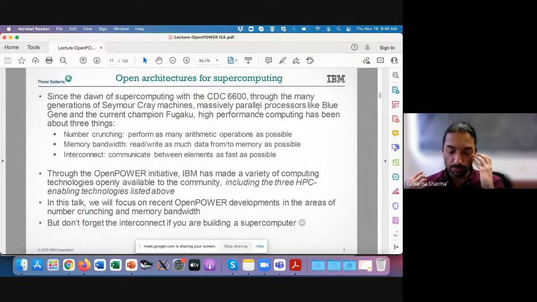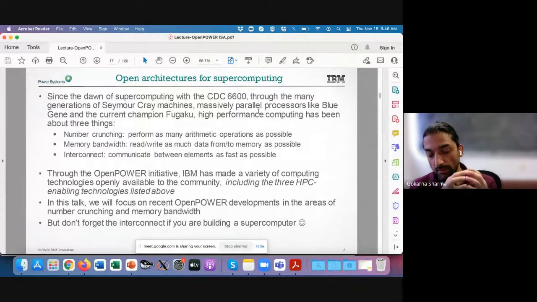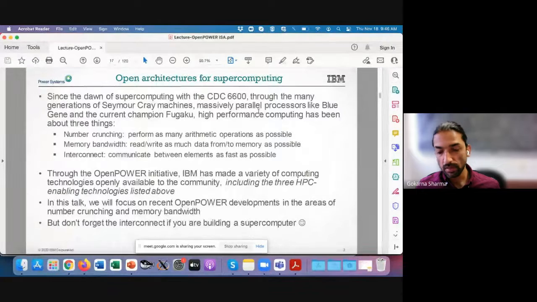Let's suppose we put 4 Power processors together and make it a computing node, and then we have 1,000 of them. You are connecting them in a certain way, right? What is the goal? The goal is to communicate between elements as fast as possible. The data might be in another computing node, and you are trying to get that data to your node to do the computation. So you have the notion of local node and remote node. If the data is in the local node, then it is very fast.